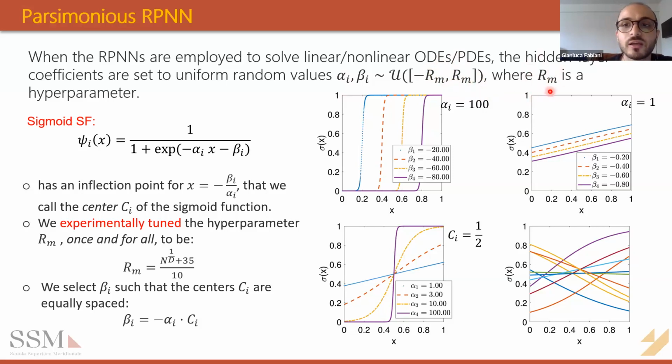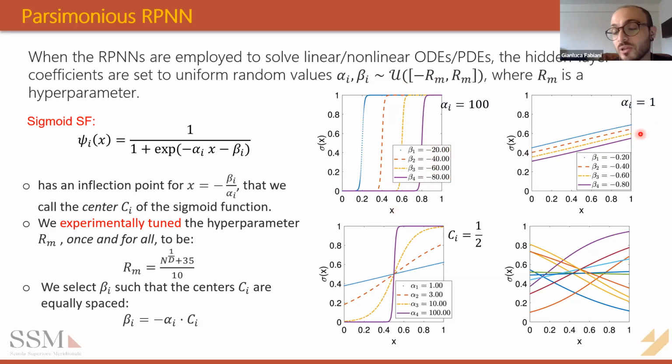If we set these bounds too low or too big, then the performance of random projection is not good. So what we have to do is to experimentally tune these parameters. For example, if you consider the sigmoid activation function, you can see that by changing beta, we are changing the position in space of the function. And by changing alpha, we are changing the steepness of the function. So we don't want functions that are too steep.